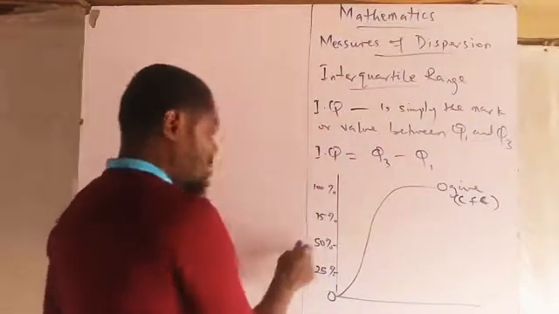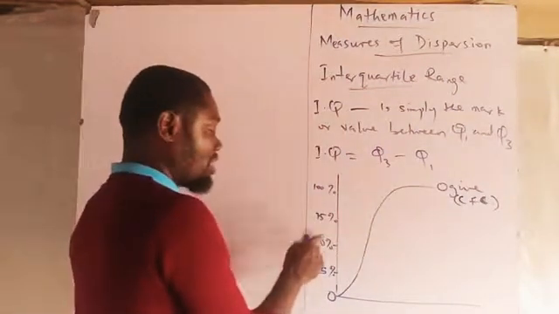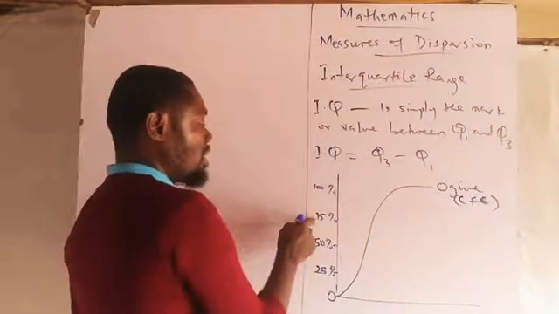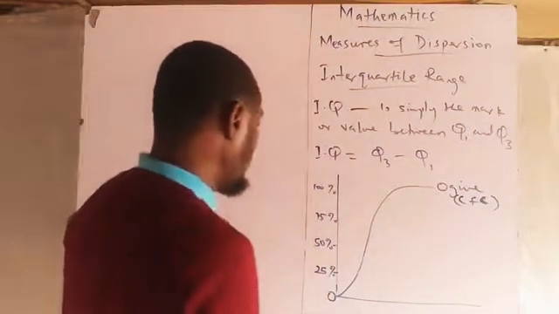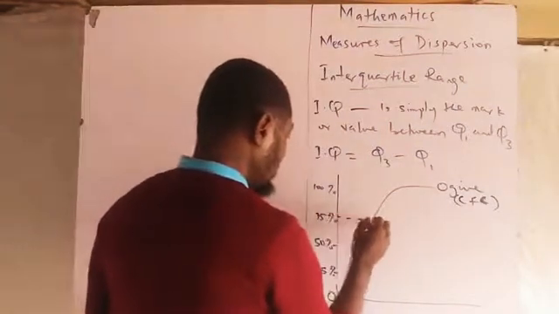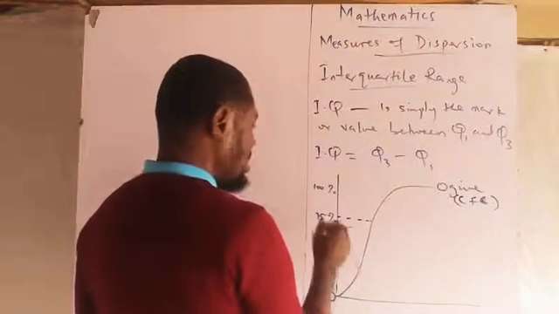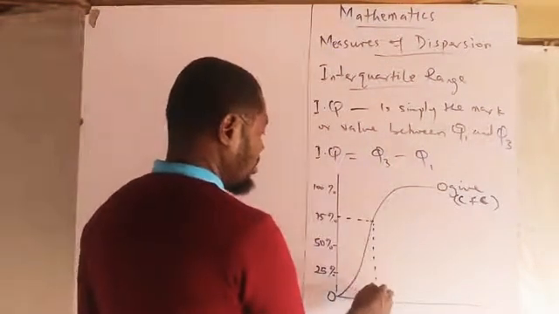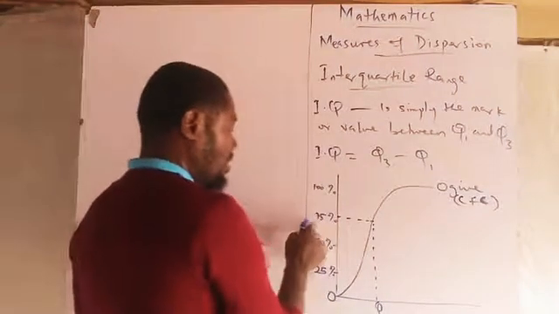This is our median. As I explained in the previous class, this is called the lower percentile, the median or the middle, and here it's called the upper percentile. Here's also my Q3, remember? Q3 will give us the 75th percentile.